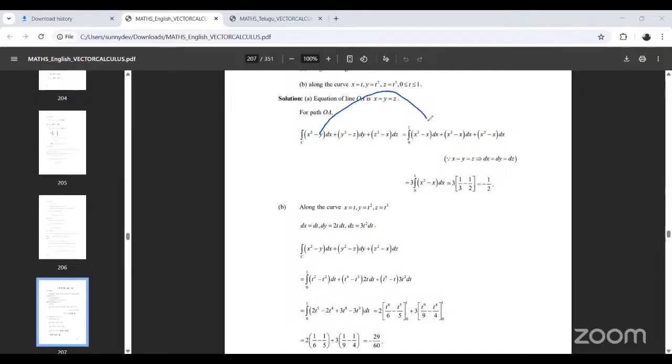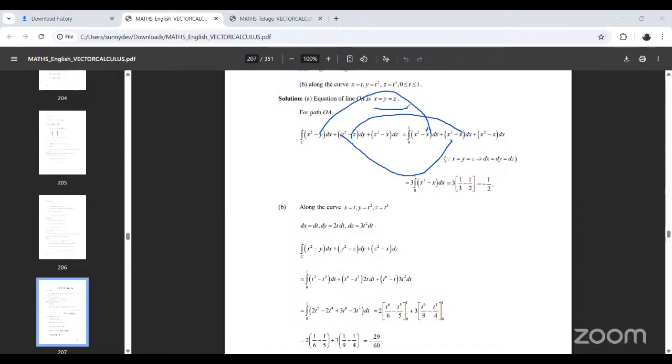So y square equal to x square. Similarly, in the z place also we have to substitute x. Because x equal to y equal to z, in the y place we substitute x and in the z place we also substitute x.